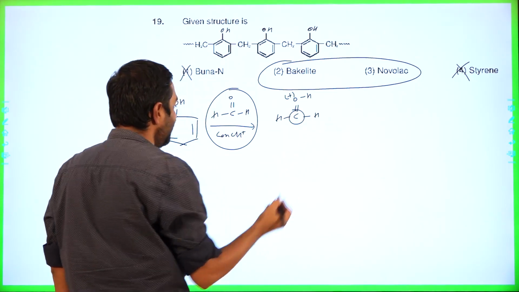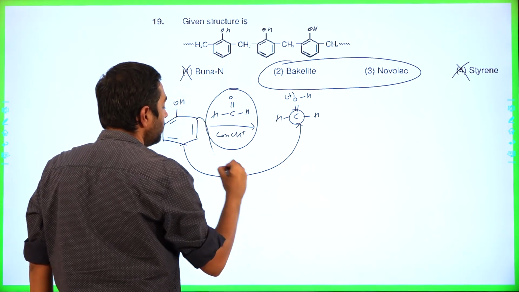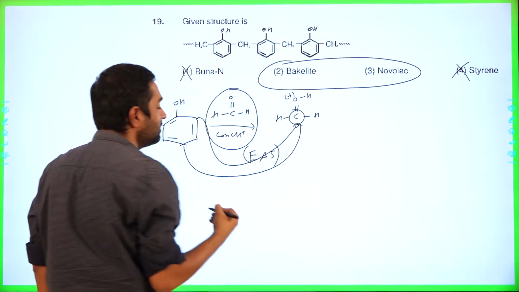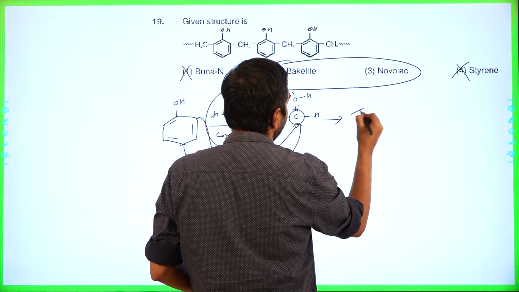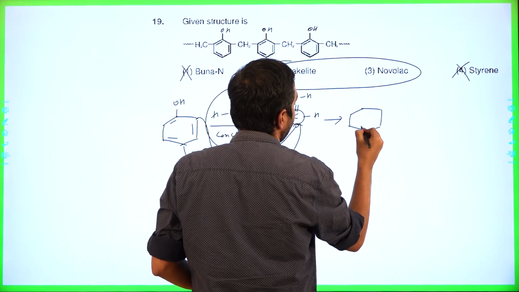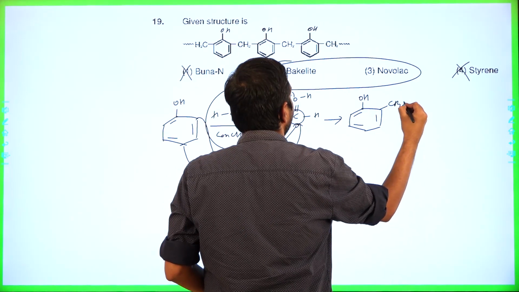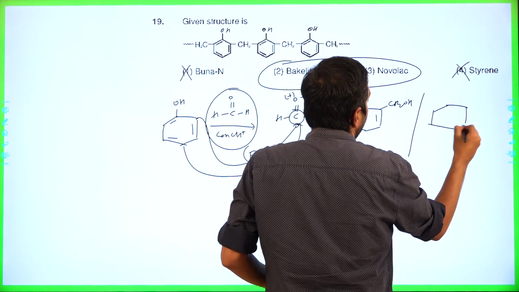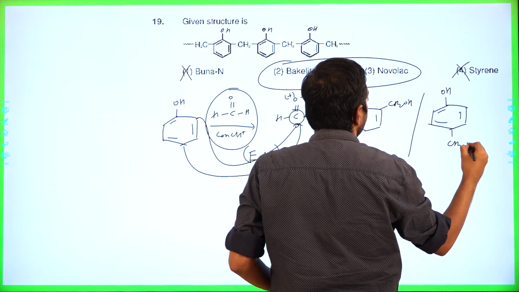This carbon becomes electrophilic. The phenol can then attack from the para location or the ortho location to perform an electrophilic aromatic substitution reaction, which will effectively result in the formation of these guys, OH and a CH2OH, or OH over here and a CH2OH over here.